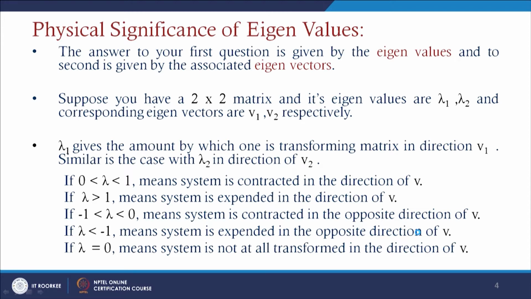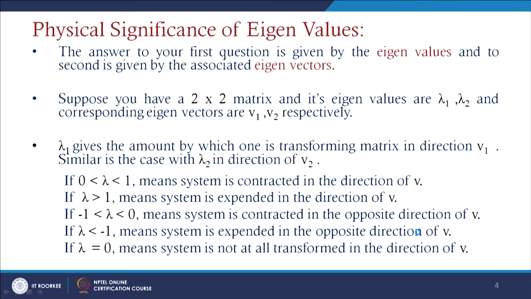Suppose you have a 2 by 2 matrix whose eigenvalues are lambda 1 and lambda 2, and the corresponding eigenvectors are represented as V1 and V2. It can be represented in terms of a vector, suppose V equals lambda 1 V1 plus lambda 2 V2, which is expressed as a linear combination of V1 and V2.